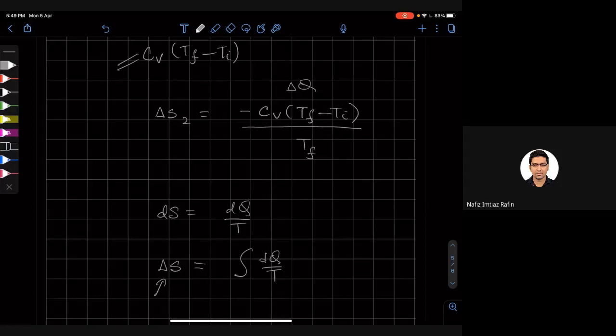Usually T is a function, not a constant. But in this case, it's a constant, and therefore we can factor it out. So it's even easier than the previous one, because in section 1 of this problem, you actually have to do this integration, right? Okay. Yes, sir. That's the thing.